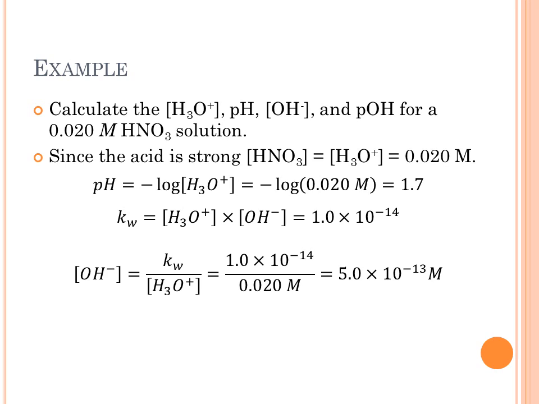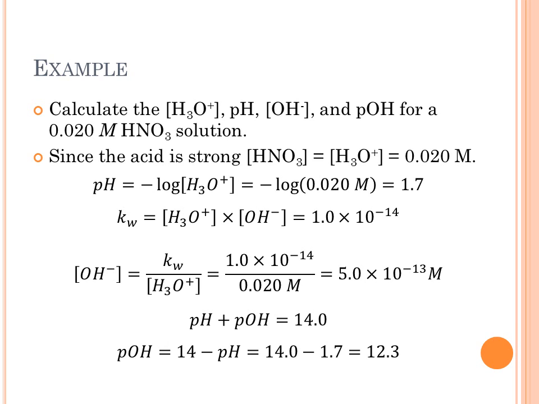Notice the hydronium ion was kind of big, so the hydroxide ion concentration is small. You should see that, or the answer is not going to be right. Now we also know the pH plus the pOH equals 14, and so the pOH is equal to 14 minus pH, so 14 minus 1.7 is 12.3.